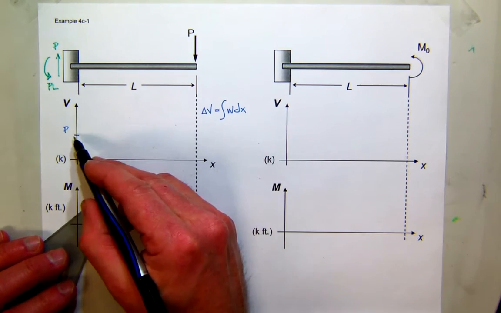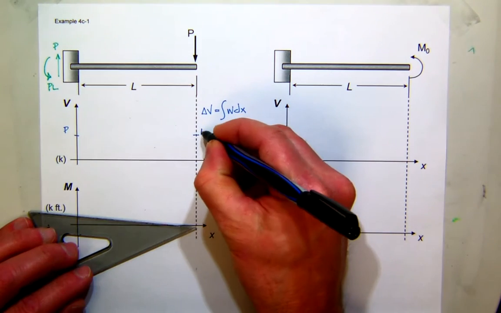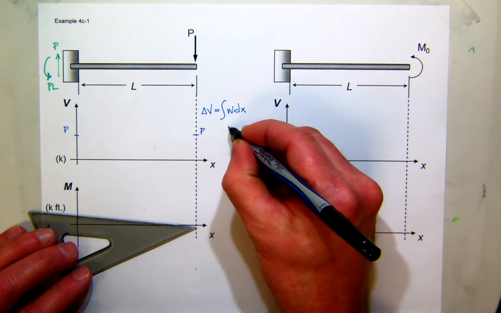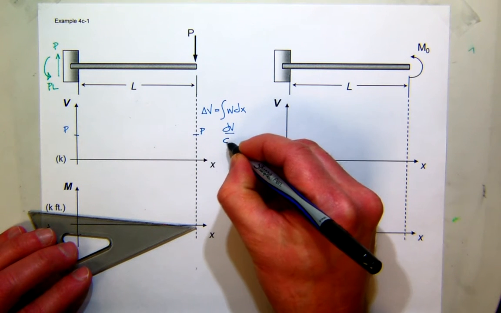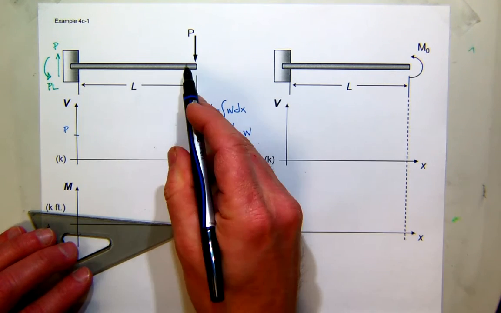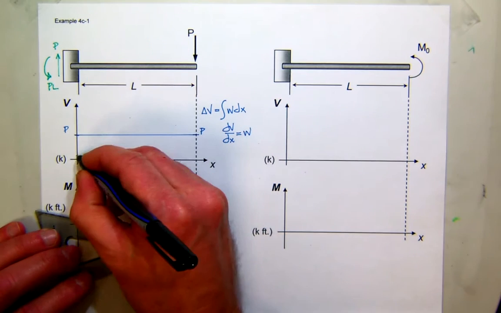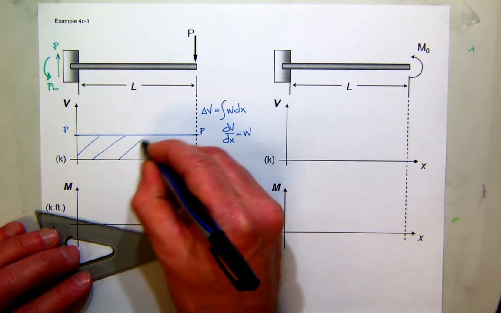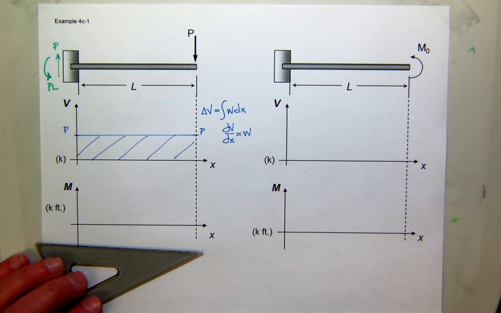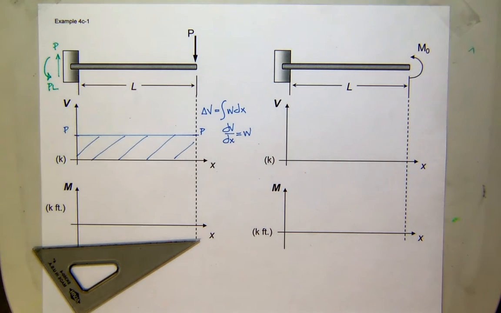So if I start at P and I add nothing to it, I get P. And what is the slope of the shear diagram equal to? The load. What is the load here? 0, so it has 0 slope. So there's my shear diagram. Basically, this beam has constant shear, a positive P. Any questions about that?